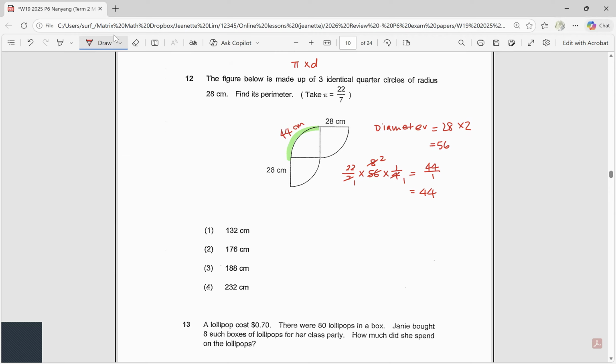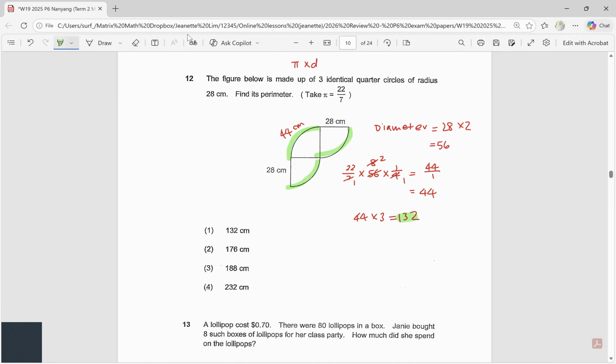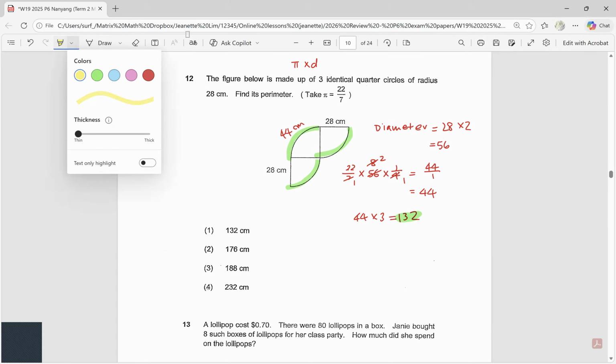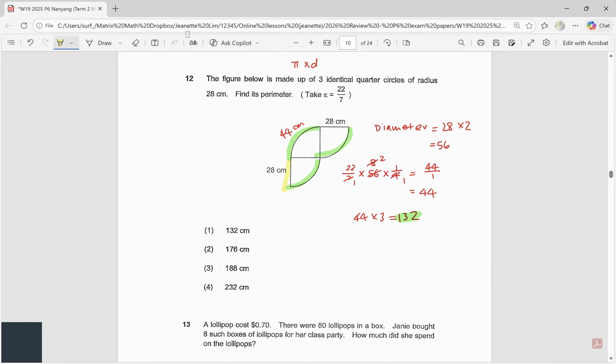44 cm for that. Then we have another one, same. So 44 times 3 equals 132. That will give you all those in green that we've highlighted. Then next you need to find the straight lines. Straight line.